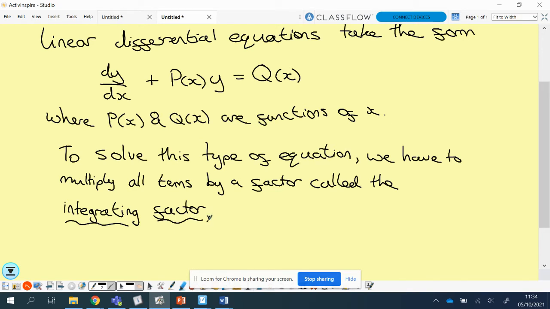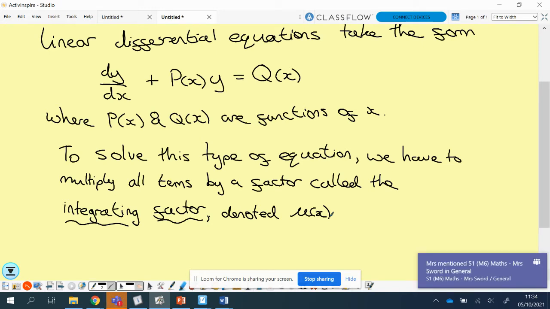Okay, and we're going to note it. So denoted, any of these signs you might recognise that symbol. That's mu. Okay, it's a Greek letter mu. Mu of x. It's like a U with a sort of tail at the start.